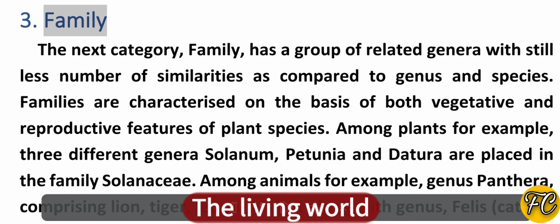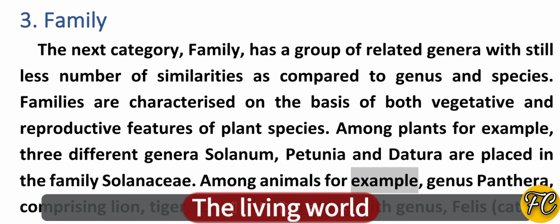3. Family. The next category, family, has a group of related genera with still less number of similarities as compared to genus and species. Families are characterized on the basis of both vegetative and reproductive features of plant species. Among plants, for example, 3 different genera Solanum, Petunia and Datura are placed in the family Solanaceae.